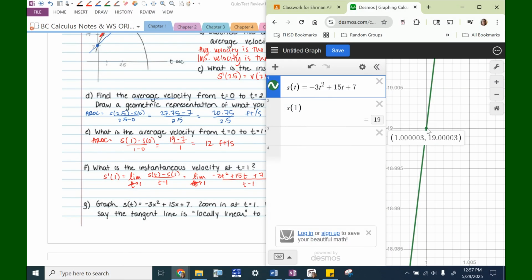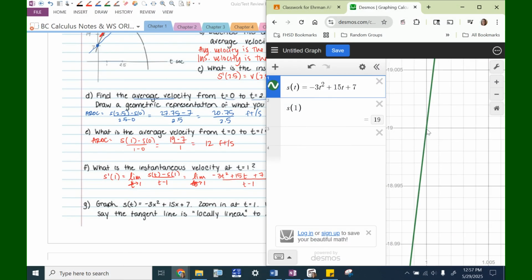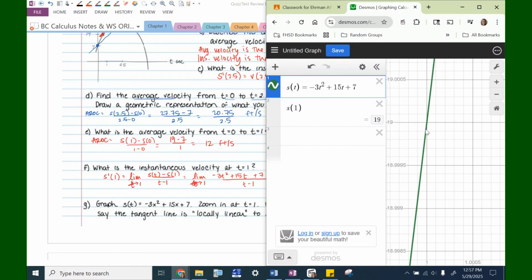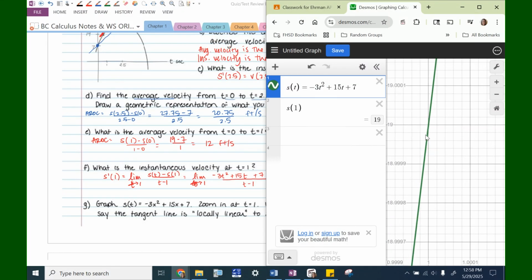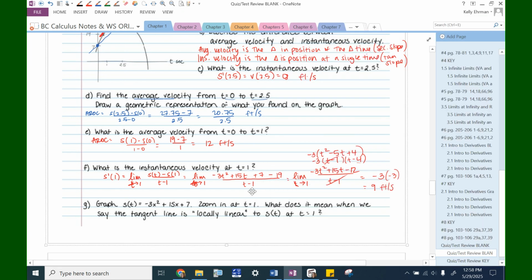So all this is saying is, as you zoom in on any points, the reason that we often say use a tangent line to approximate a value, if I put a tangent line at this point here at 19, and then I use the linear equation I get off of that tangent line to approximate this value here, they're going to be very close, because when you zoom in very far and you don't stray too far from the point of tangency, your tangent line is a very good approximation usually of the curve that you're looking at.